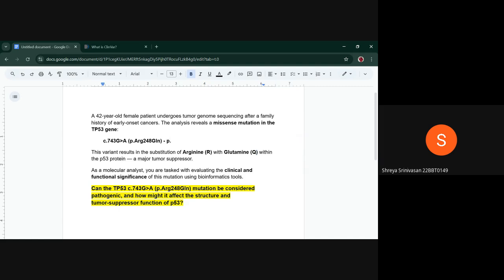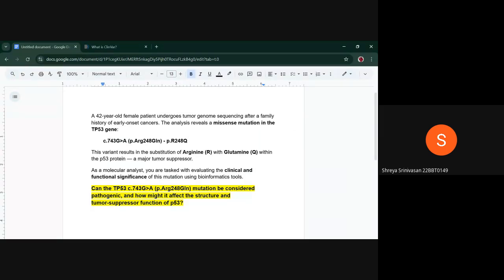So here, you can again represent this as a change from arginine at position 248 to glutamine, which is Q. This is the notation to show that there has been a base change at that particular position at the protein level, while at the genetic level in the coding sequence there has been a base change from G to A at position 743.